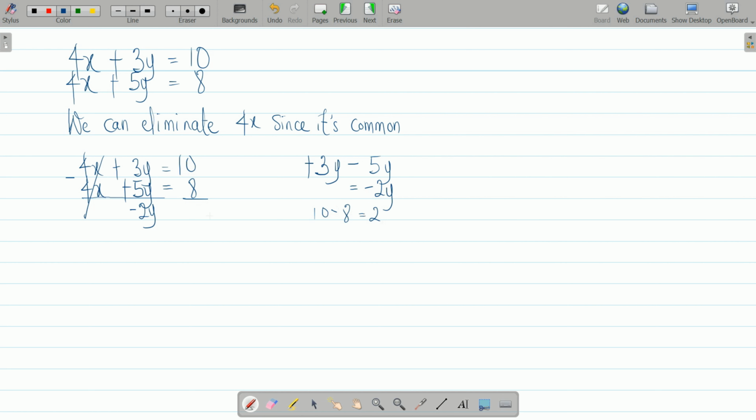Then 10 minus 8 is 2. We're left with minus 2y equals 2. Dividing both sides by the coefficient of y, which is minus 2, we get our answer to be minus 1.